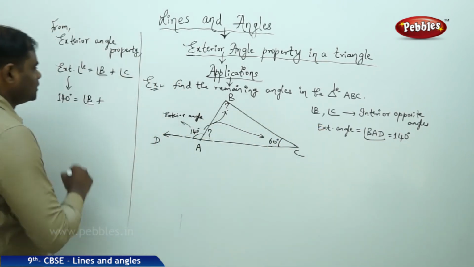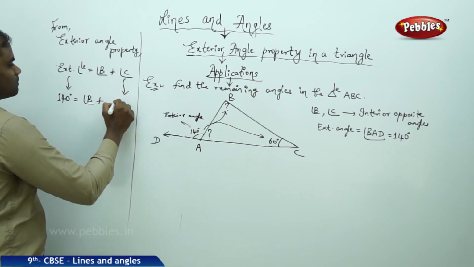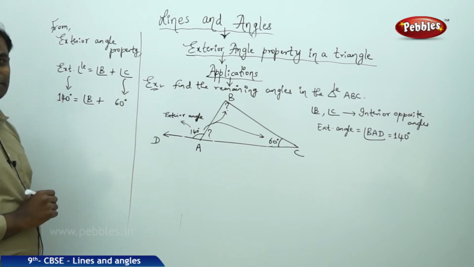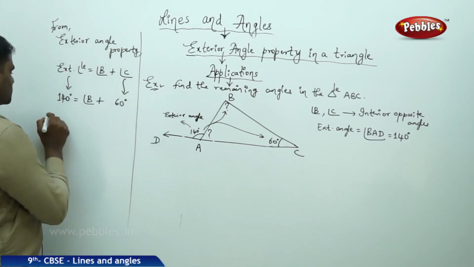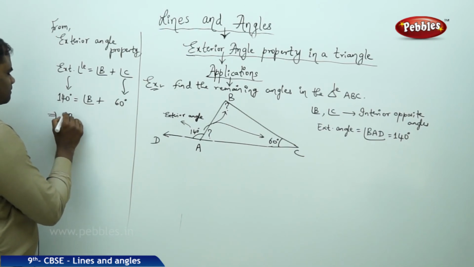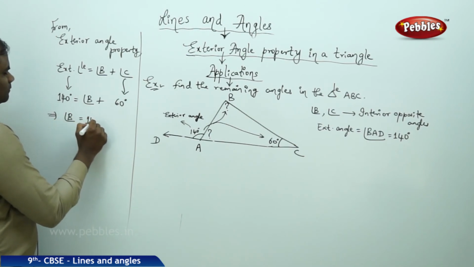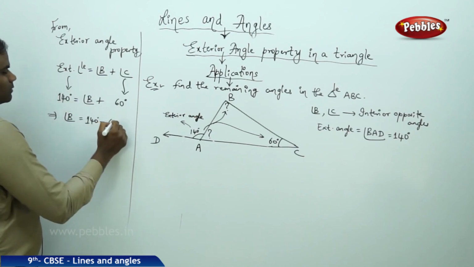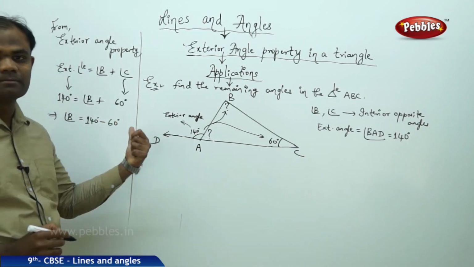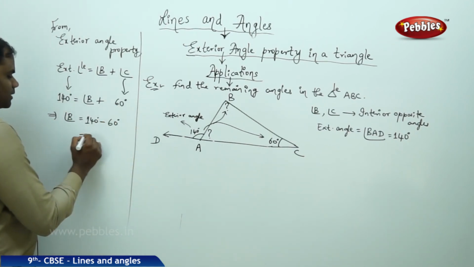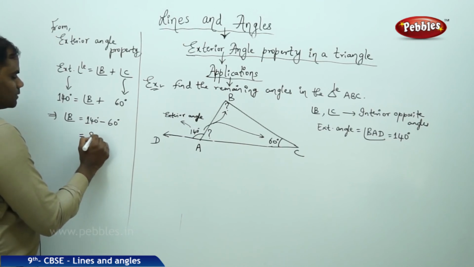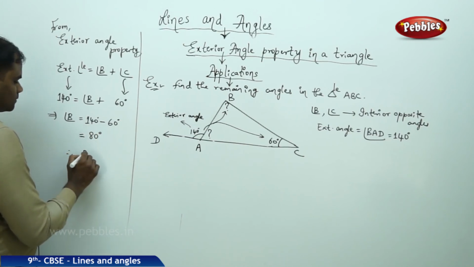Therefore, in place of angle C I substitute 60 degrees, which on further simplification gives angle B is 140 minus 60, which is 80 degrees.